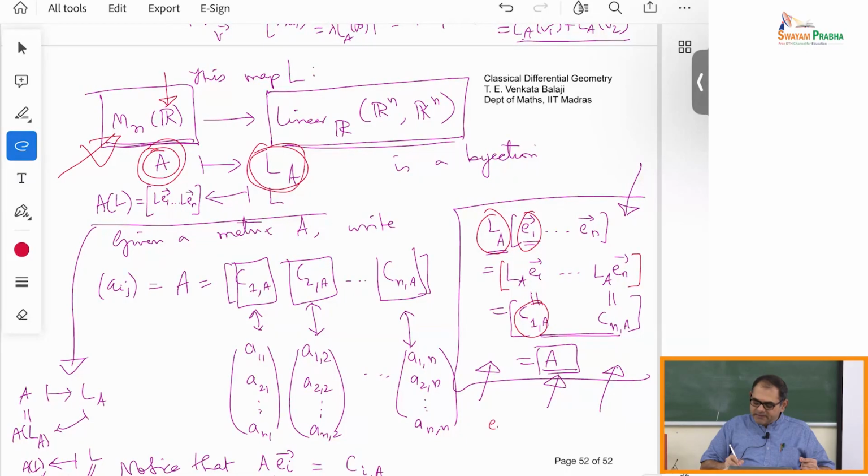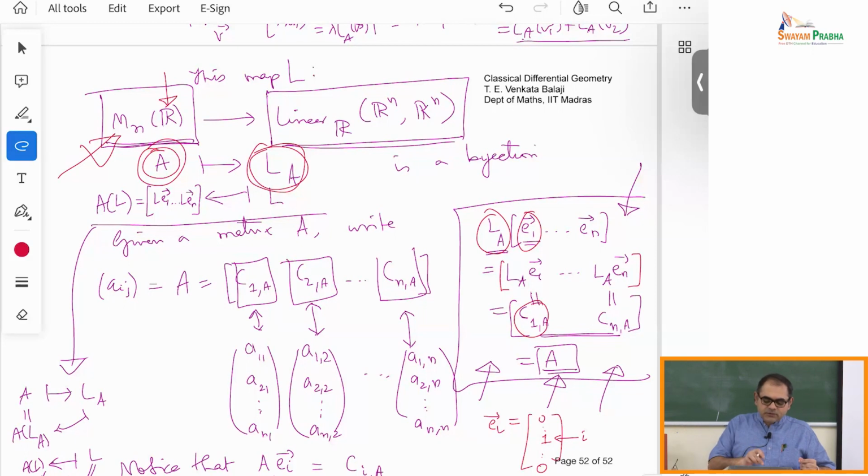And what is this ei vector? You treat it as a column vector: you put 0 everywhere except at the ith position, where you put 1, and all other positions you put 0. So these are the standard basis vectors.